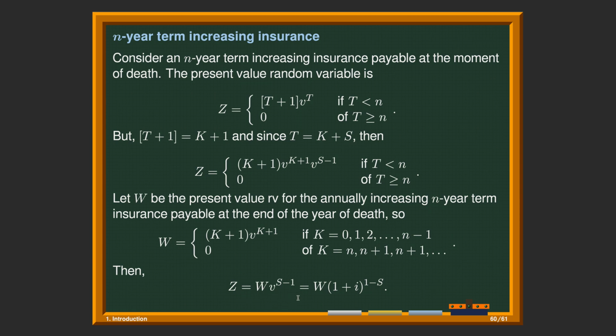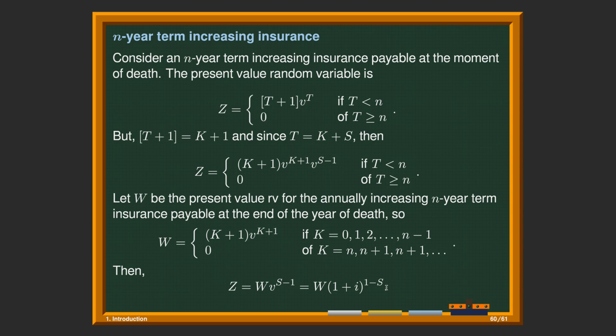So the Z that we have originally will now be equal to W times V to the S minus 1, or the same thing as W times 1 plus I to the 1 minus S, since V is 1 plus I to the negative 1.